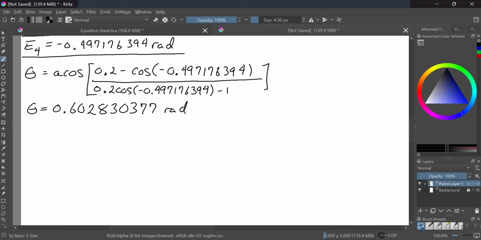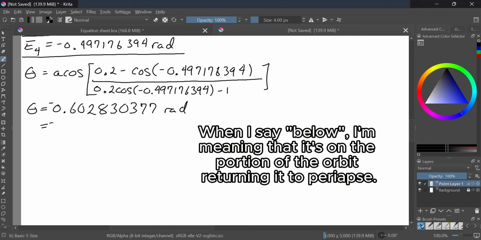Although at this point, we can convert back to degrees. Ooh, and I almost fell for that. I almost fell for one of the classic blunders. That's negative, because it's below the planet. And I'm using air quotes around that. It's below the eccentricity line.